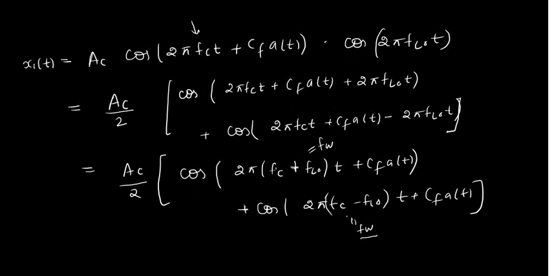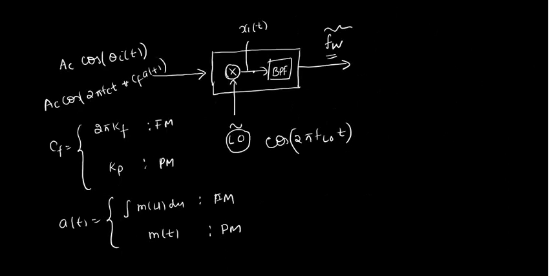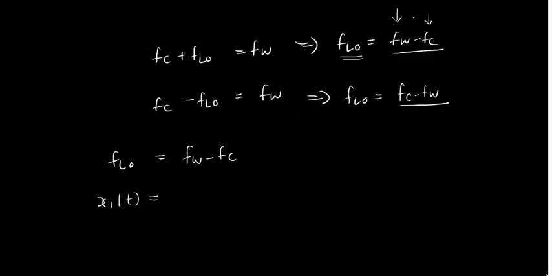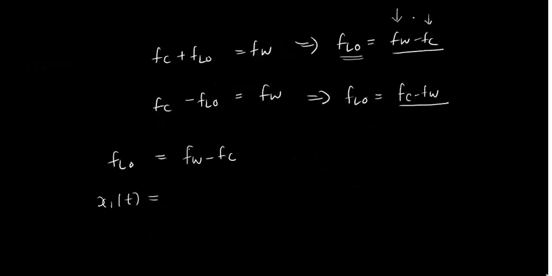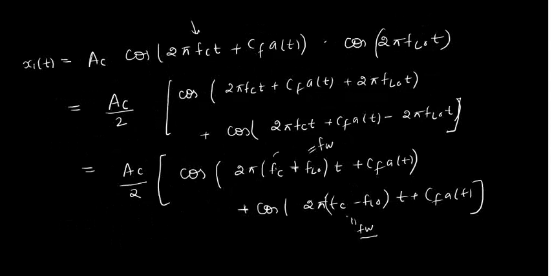You just have to replace your FLO with Fw minus Fc, right? So what we are doing effectively is replacing Fc plus FLO by Fw in the first case.